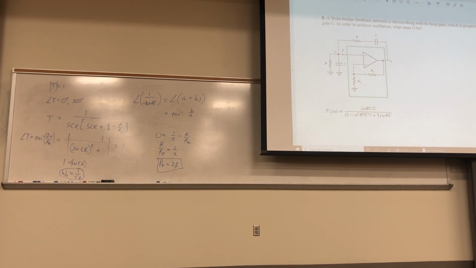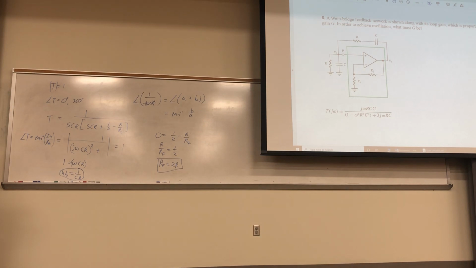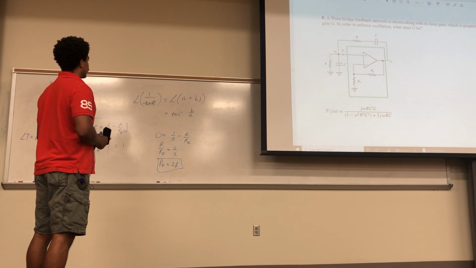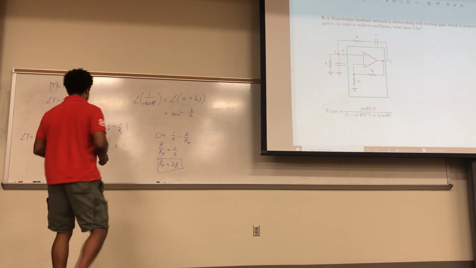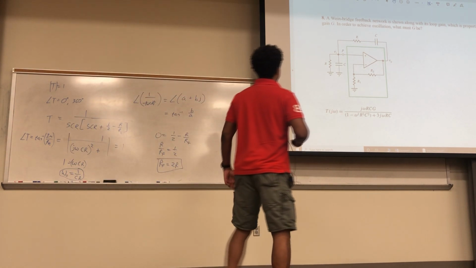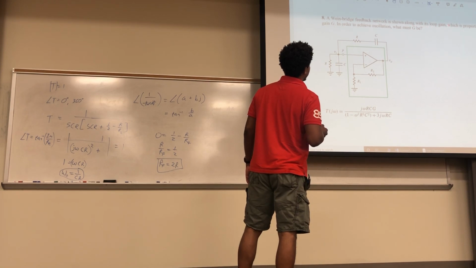All right, so on this one, this is also dealing with T. A Wien-Bridge feedback network is shown along with this loop gain, which is proportional to gain G. In order to achieve oscillation, what must G be?